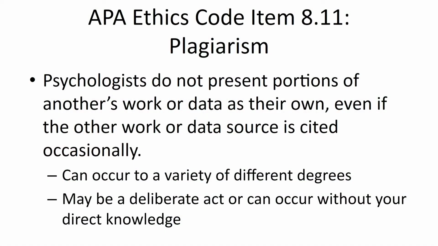Moving on to APA Ethics Code Item 8.11. This concerns plagiarism. The whole idea here is that psychologists should not present portions of another's work or data as their own, even if the other work or data source is cited occasionally. So think about what that says.